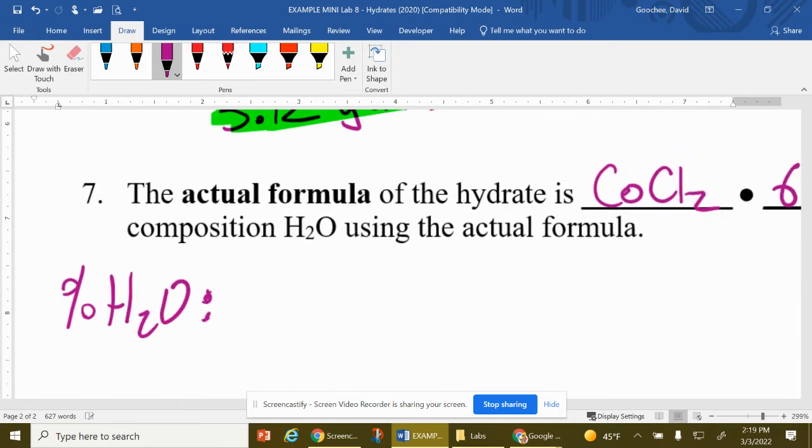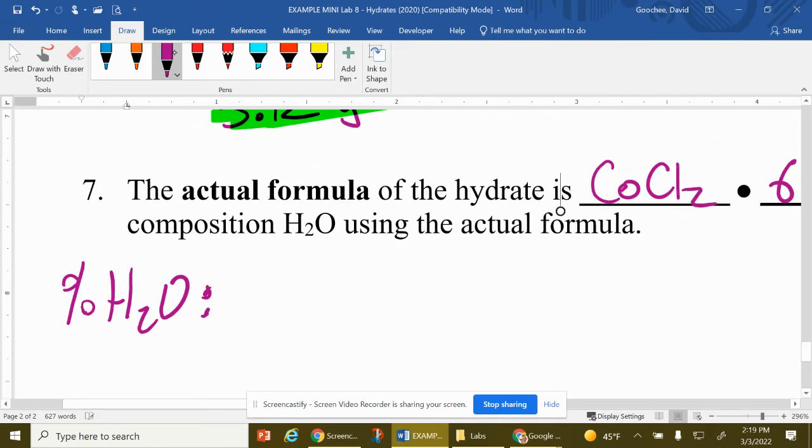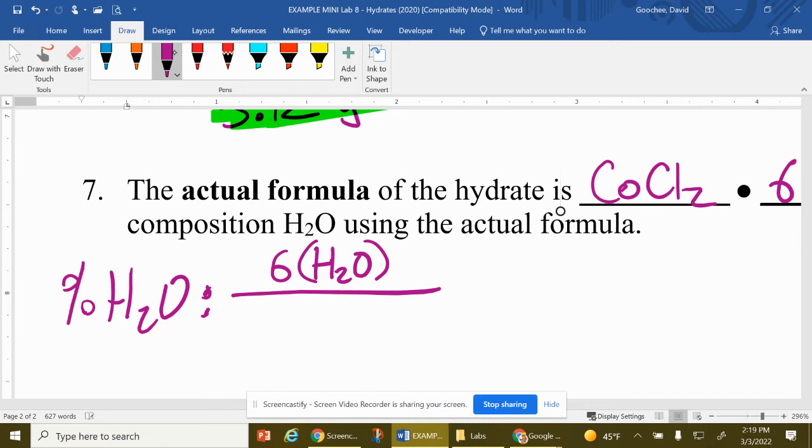The percentage of H2O in this compound is the mass of all the waters, and there's 6 of them, so 6 H2Os, divided by the mass of the total compound, CoCl2 and 6 H2Os. It's the part divided by the whole.